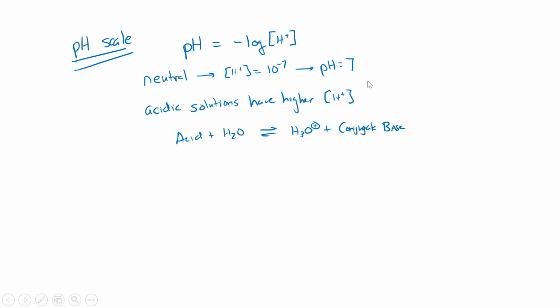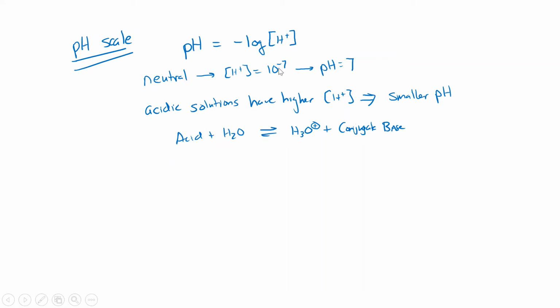So the larger H plus gets, the smaller the pH gets. The larger H plus gets, the exponent becomes closer and closer to 0, basically, right?